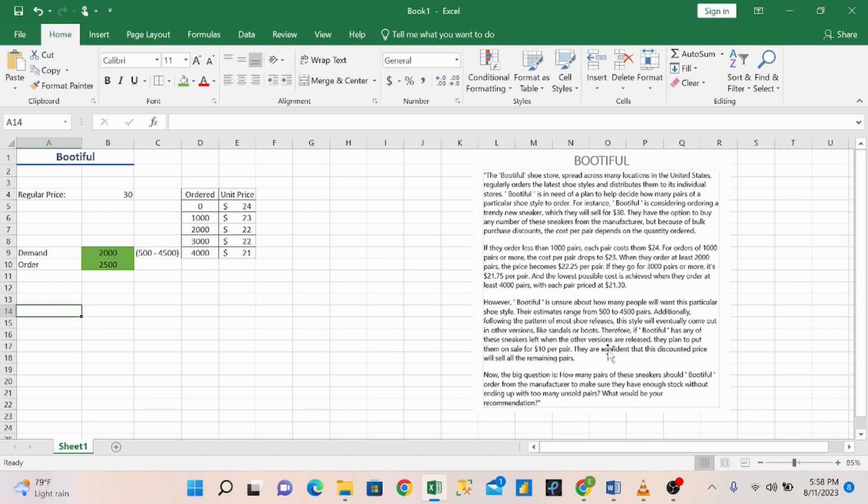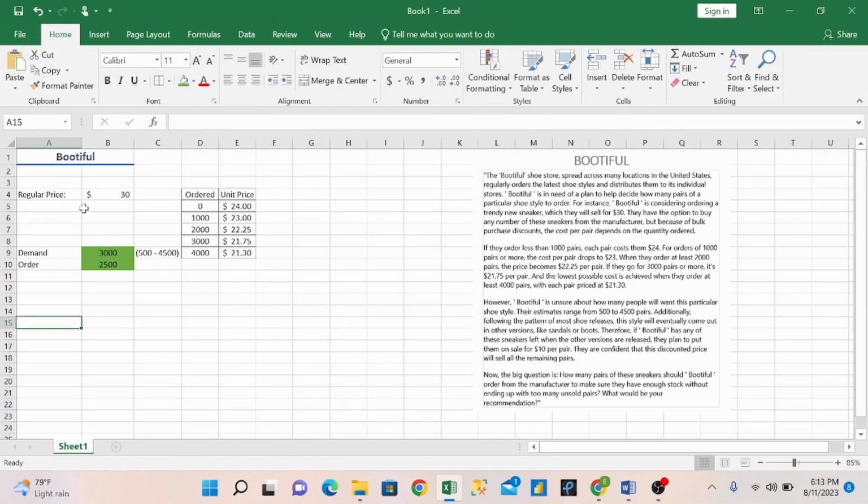They are confident that this discounted price will sell all the remaining pairs. So I have my regular price at $30 and I also have my discounted price at $10.